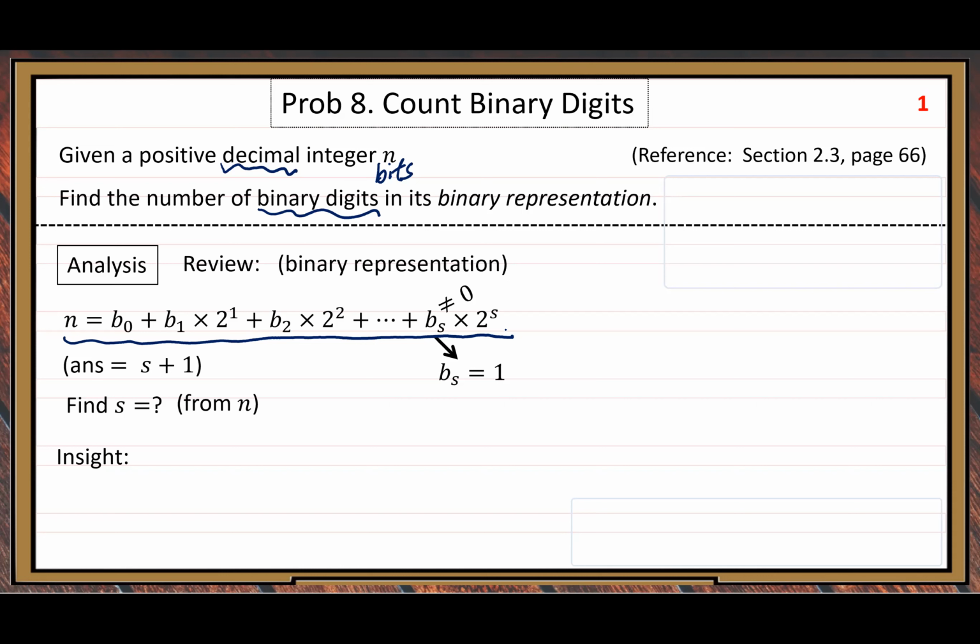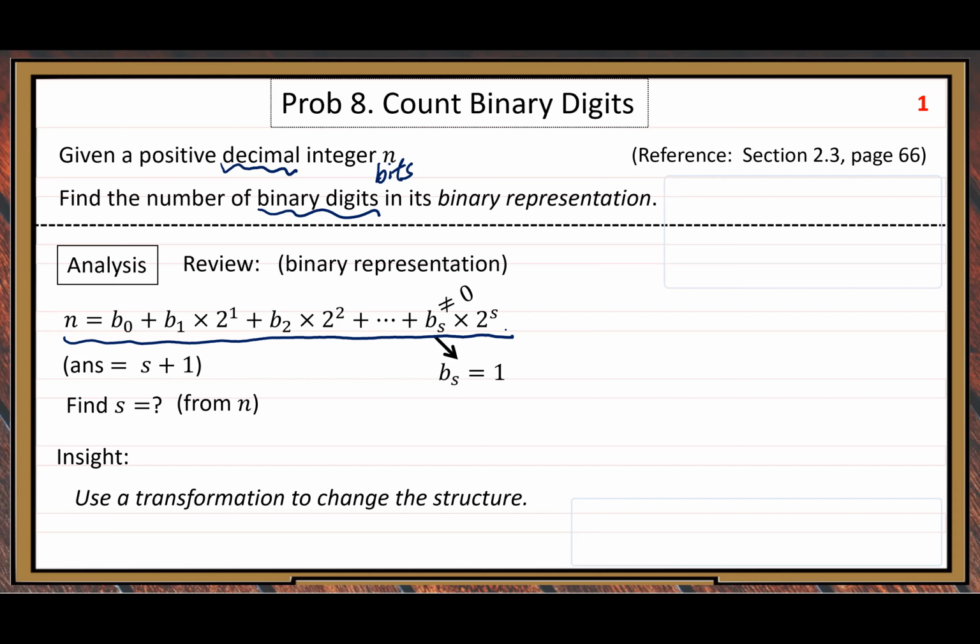So here, how do we find the insight? I would like to show you the typical way we use to discover that: use a transformation to change the structure. If you do not change the structure, it's hard to find that relationship.